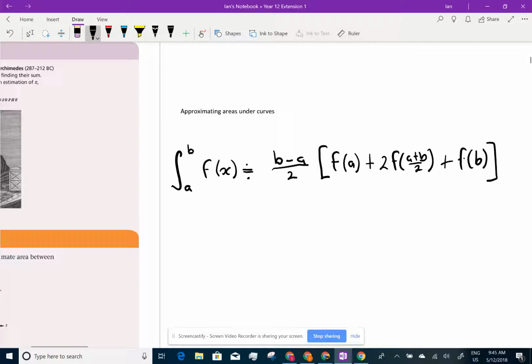And I'm going to explain to you how this rule came about and then how you can use it.